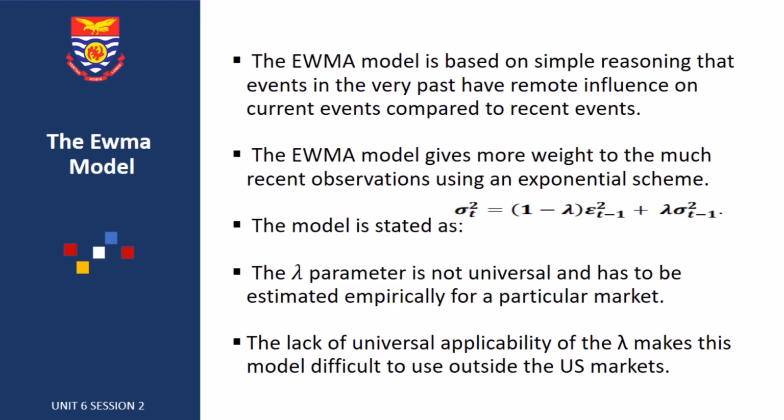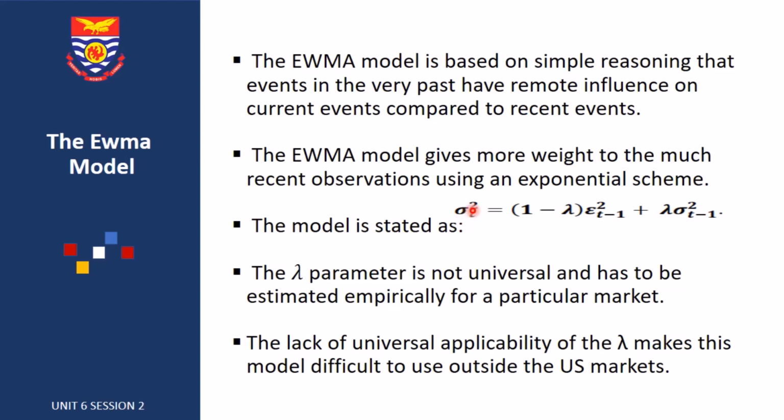So here we are saying that in the EWMA, when we are measuring risk, our focus is to give more weight to recent happenings more than previous or old happenings. So the EWMA model is stated as follows.